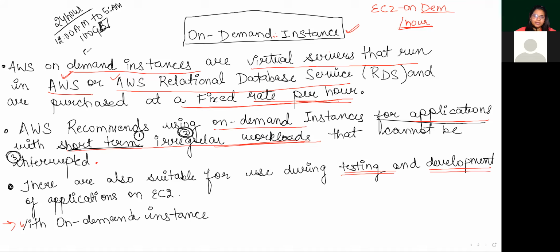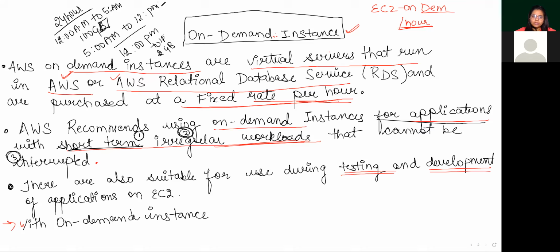Then from 5 a.m. to 12 p.m. you have done nothing. Then from 12 p.m. to 1 p.m. you have uploaded maybe 2 GB of data, like this.